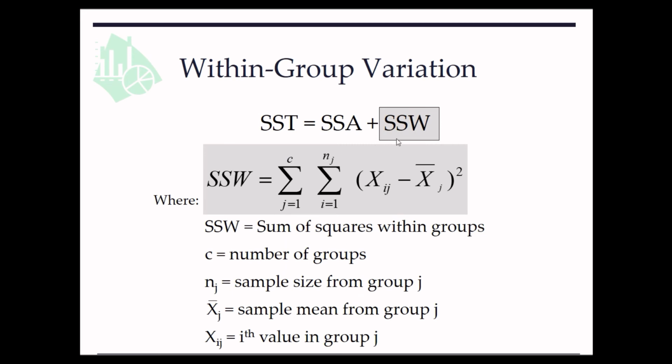Next, SSW, here we have each individual value minus the sample mean from each group j, taking square, we add them all together over all values in group j, then we add all together over all the groups for all the c groups.